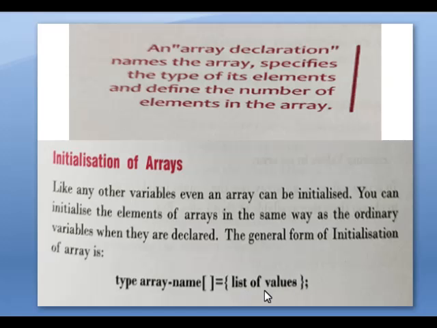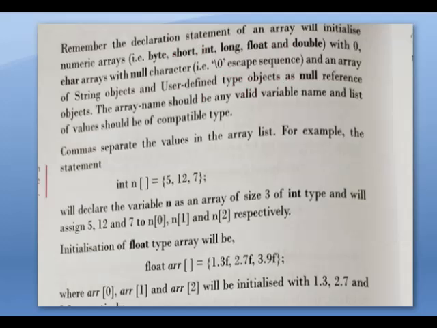So the declaration of an array is like this. See, int n of equal to, consisting of 3 elements. So it is inside the curly braces. These 3 numbers are separated with commas. So the index of this array will start as 0: n of 0, n of 1 and n of 2.